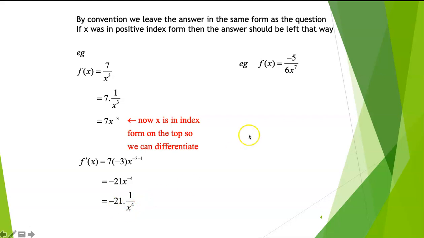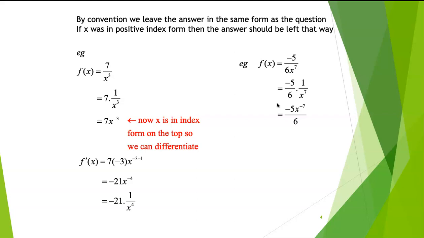We've got the next question here. Again, you've got x to the power of 7 in the denominator, so you move the x to the power of 7 into the numerator. Don't worry about the coefficient. You don't move the 6 up as well, only the term that has the variable. So that's why f(x) is now written as -5x to the power of -7 over 6.